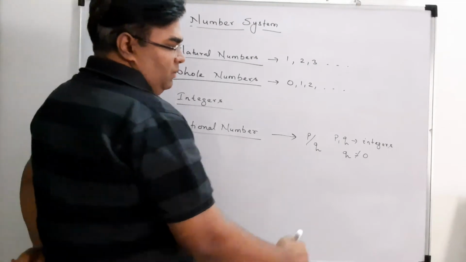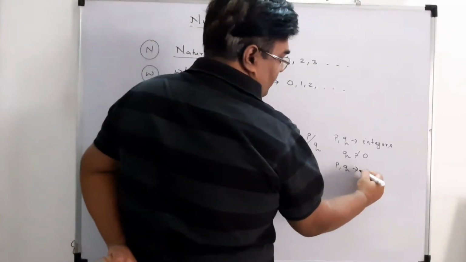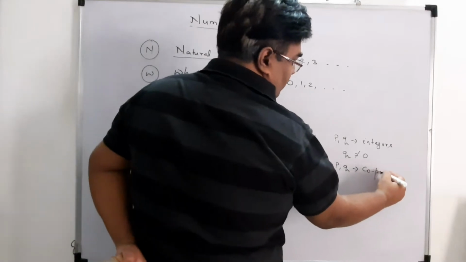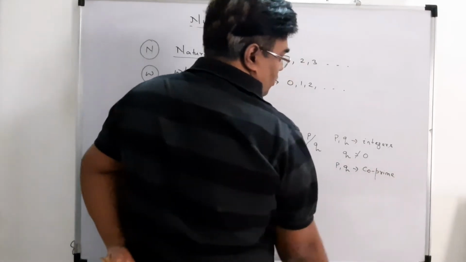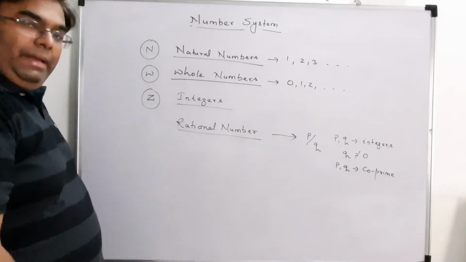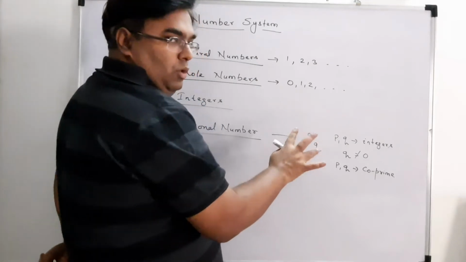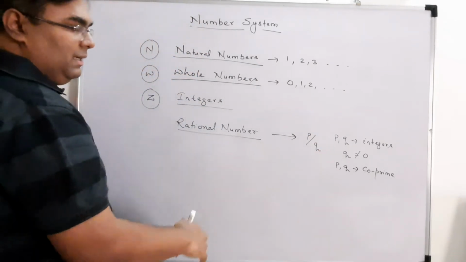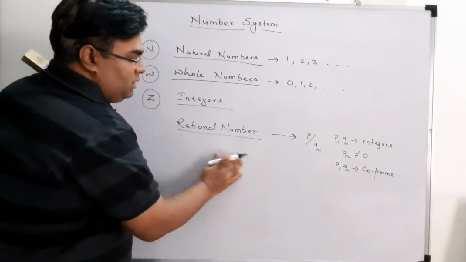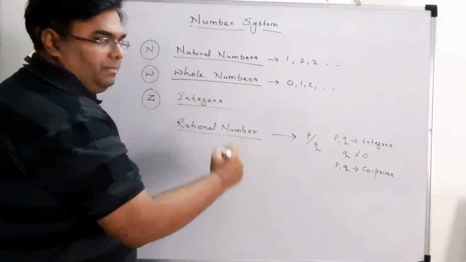And the third one is that p and q are co-prime. Now what is the meaning of co-prime? Co-prime means that only 1 can divide both the numbers. I will give you an example here. Suppose I have 5 upon 10.